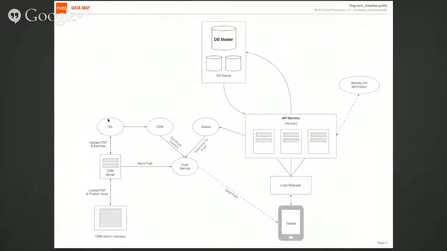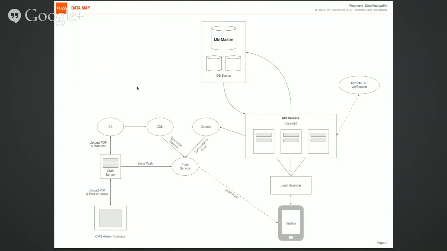We basically have a cluster with Varnish API servers that are load balanced that do things such as verify receipts for people who have entitlements to subscription products, doing two-way communication, writing to a DB master and reading from DB slaves, pushing jobs into queues that do things like subscribe people for push notifications, and use S3, which is Amazon's storage service, and a content delivery network for syndicating the actual content.